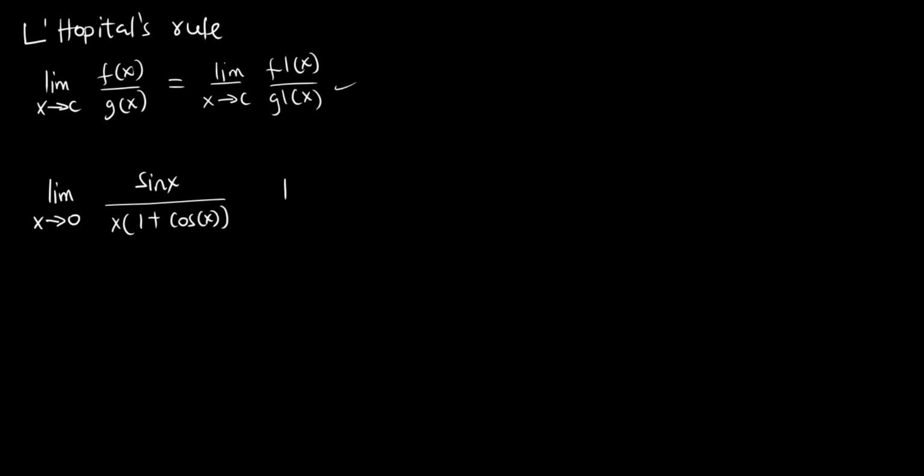So we are going to let f of x be equal to sine of x and g of x be equal to x multiplying 1 plus cosine of x. So we have this here. What we need now is f prime of x and g prime of x.